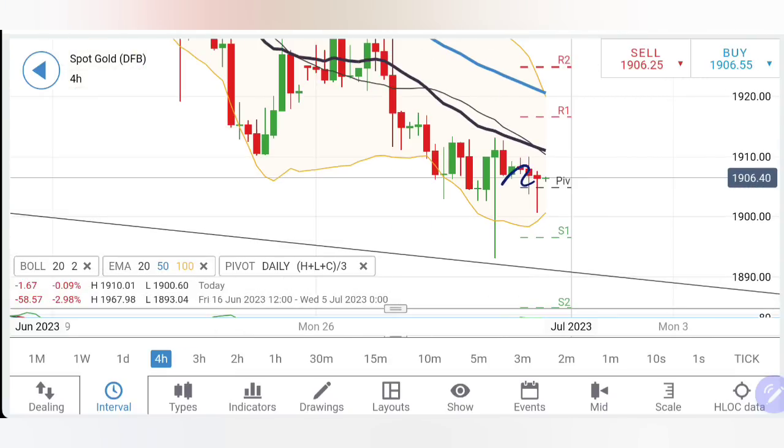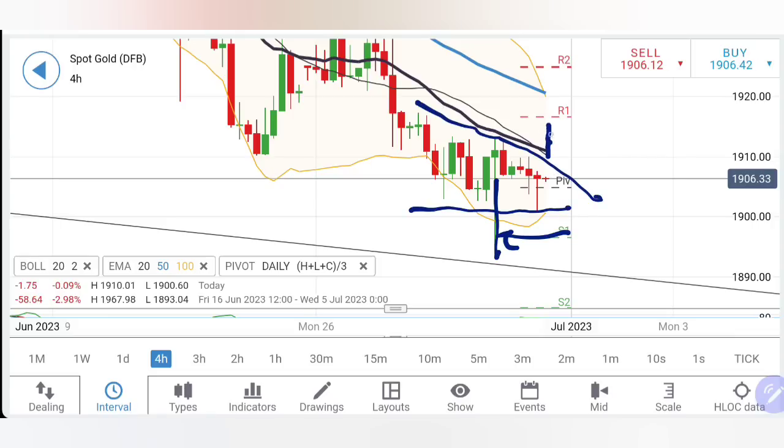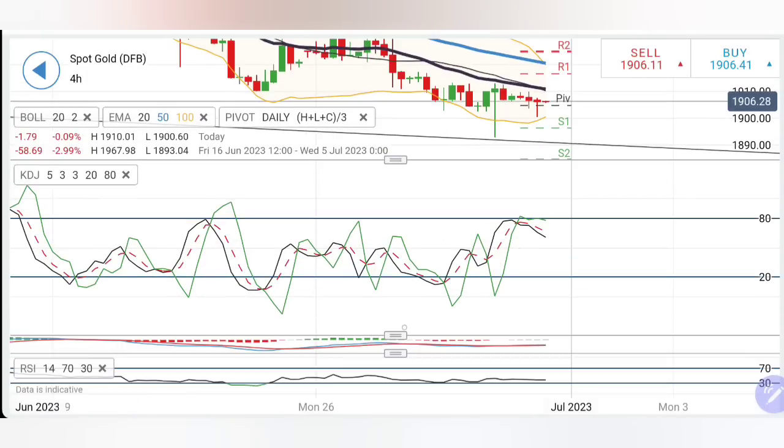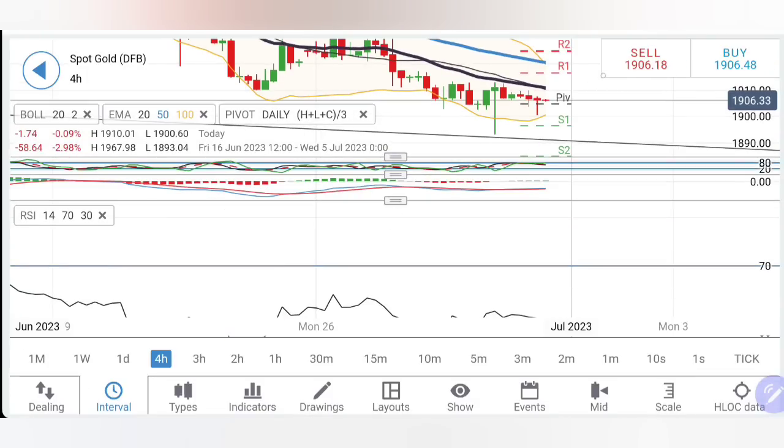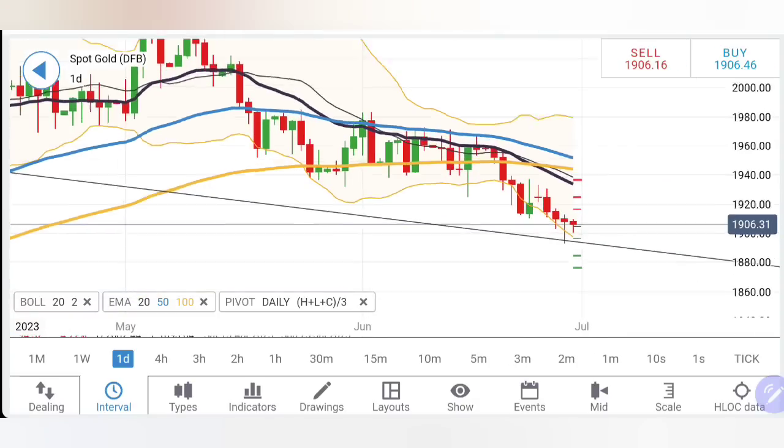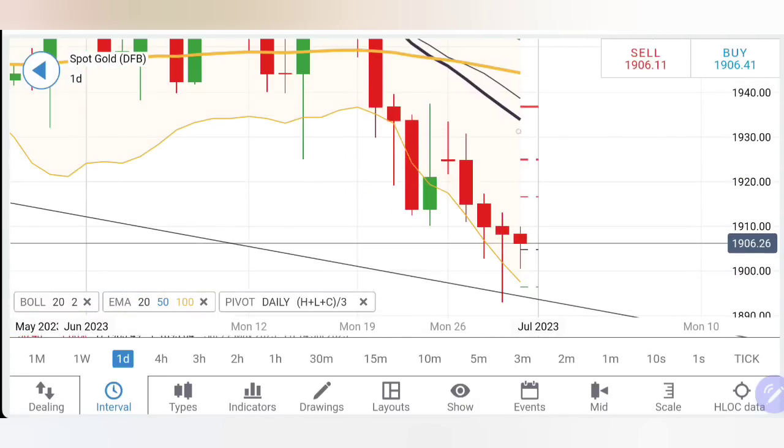Also why I will say so, see this one long handle in yesterday's candle, lower highs, flat bottom. Possibly from here if it breaks out on the upside, certainly bullishness can be expected. The stochastic has dropped. MACD is still in green. RSI is almost flat. Now coming to the daily charts. Now what has happened on the daily charts here is, see candle size diminished here, indicating diminishing bearishness.